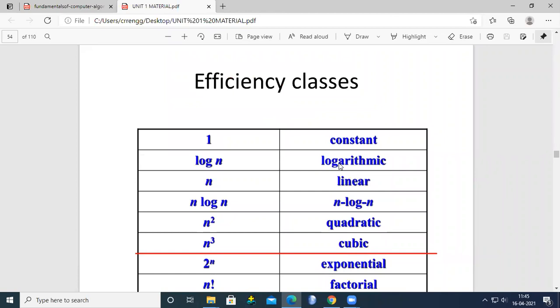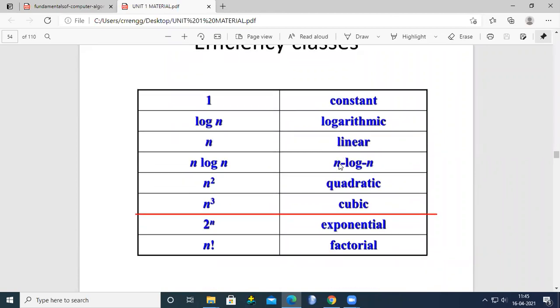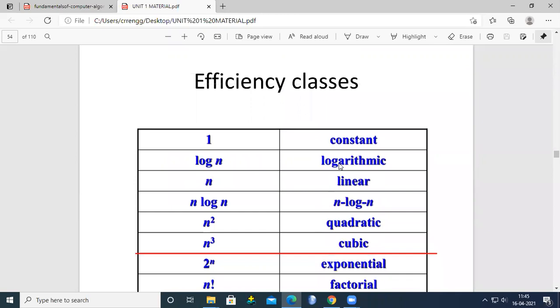Now see the efficiency classes, already explained. One is constant value. Log n means logarithmic value. N is linear type. N log n means n multiplied by log n, a linear and logarithmic combination.